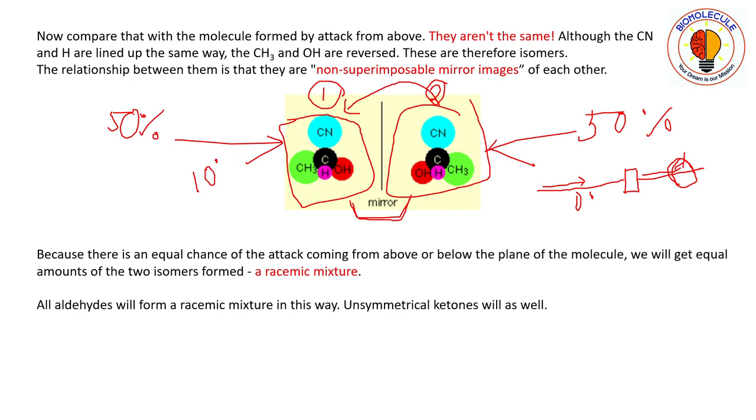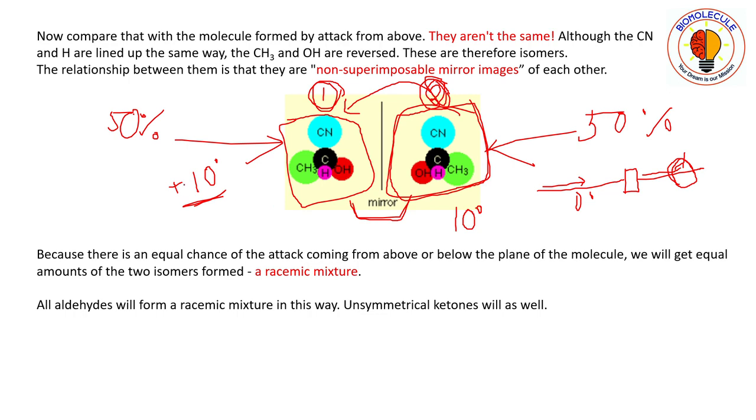Molecule number 2 is a non-superimposable mirror image and has the same groups, cyanide, methyl, hydrogen and hydroxy, but hydroxy and methyl are reversed. So the non-superimposable mirror image will deviate the light by the same amount, 10 degree, but in the opposite direction.